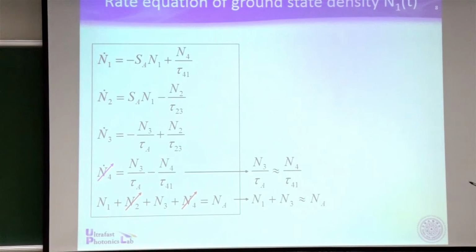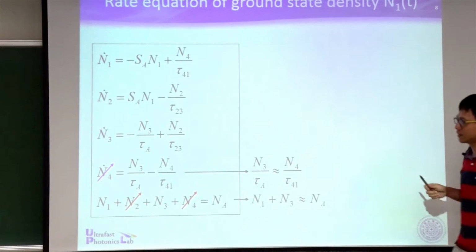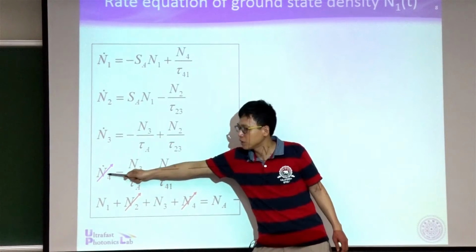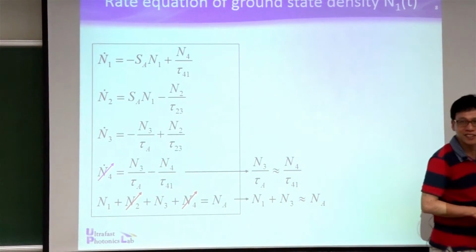If you are interested in steady state only, all the time derivatives, not just N4 dot, but N1 dot, N2 dot, N3 dot, N4 dot, can all be eliminated. But here, we need to take care of dynamics. So in principle, we cannot just eliminate Ni dot. But why can we eliminate N4 dot here? Why can this term be approximated by 0?